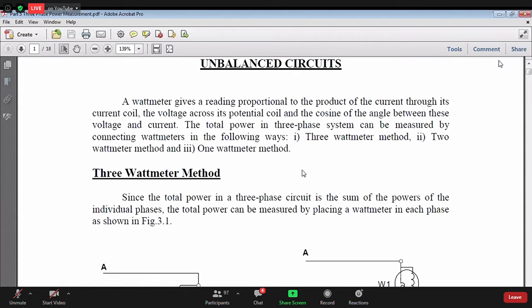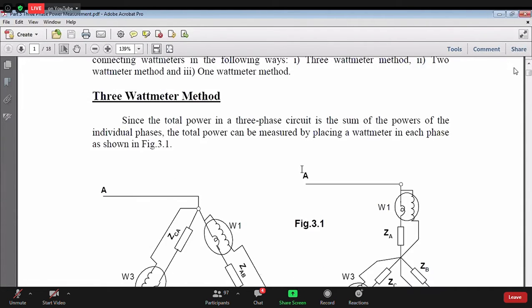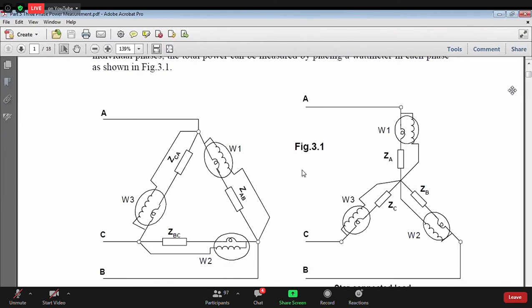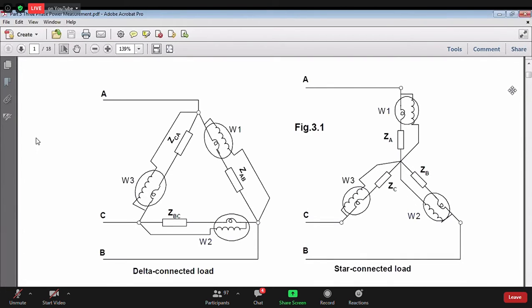See, now first let us look at this diagram to explain how we should connect wattmeters in three-phase circuits. Here you can see that the left-hand side is a delta connected load, whereas the right side is a star connected load.